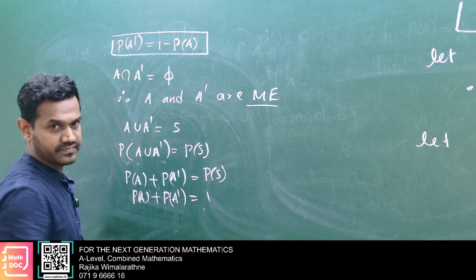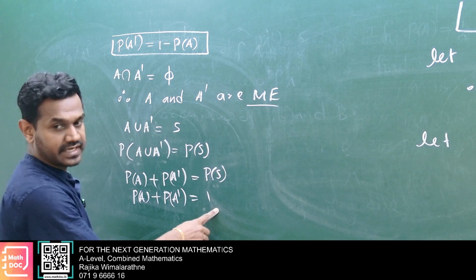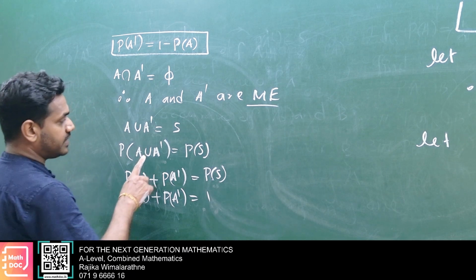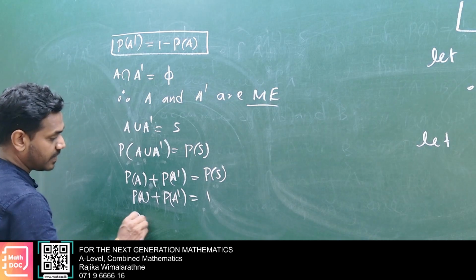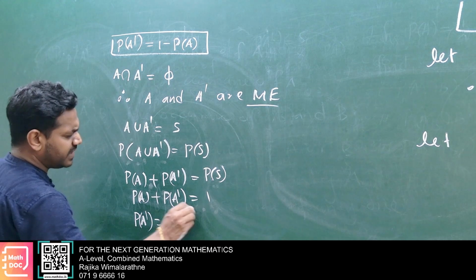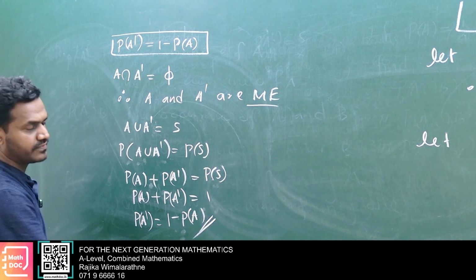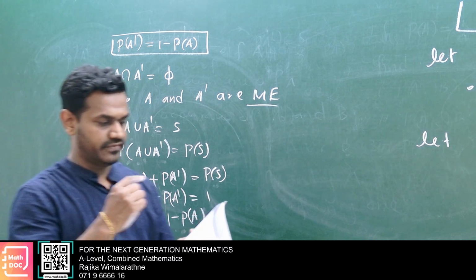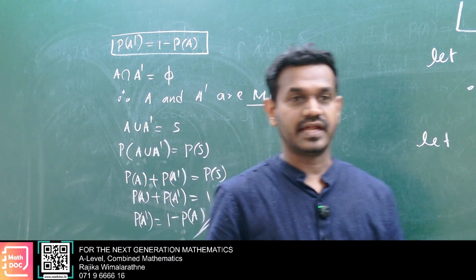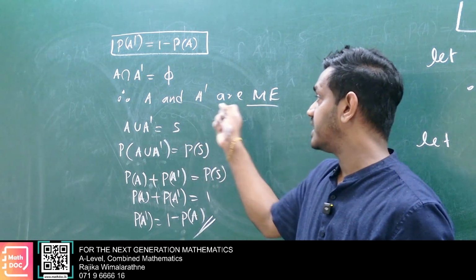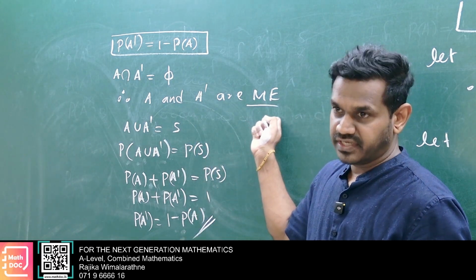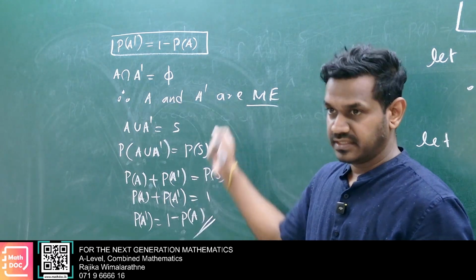Here the second axiom, P(S) = 1 we can directly get. Here union we can write as sum, third axiom. Then finally P(A dash) = 1 minus P(A). That is the second theorem proof. Within that space, just do that. At the beginning you have to say A and A dash are mutually exclusive, then only you can write the sum, no?